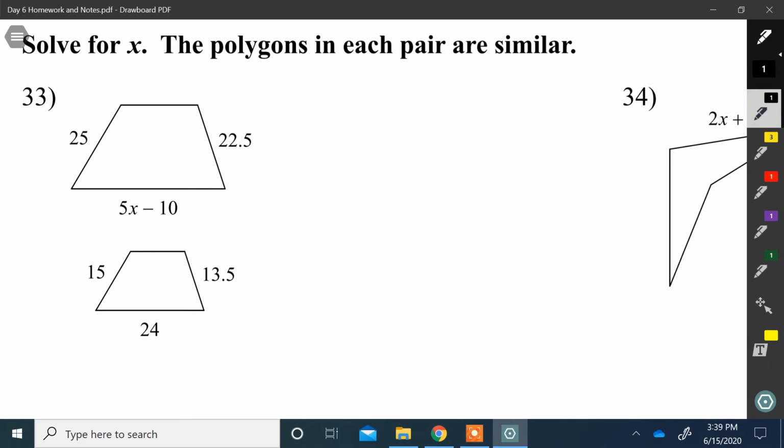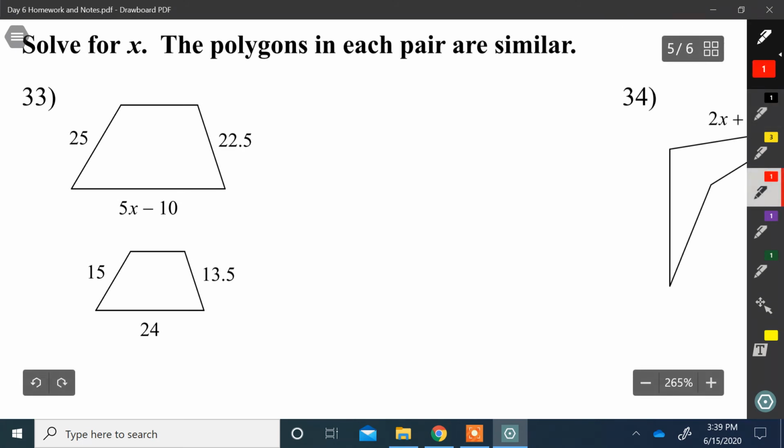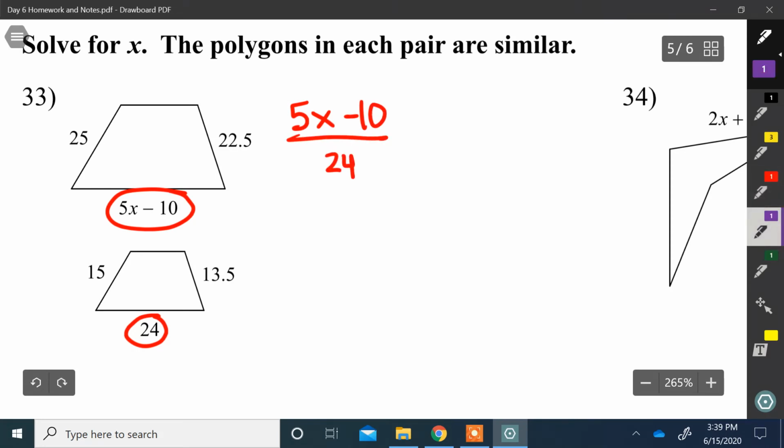So once again, we're gonna create a proportion and we're gonna do some matching in here. This right here is gonna match with that right there. So I'm gonna put them like this: 5x minus 10 over 24. They are proportional to each other because they're similar. And then 25 and 15.